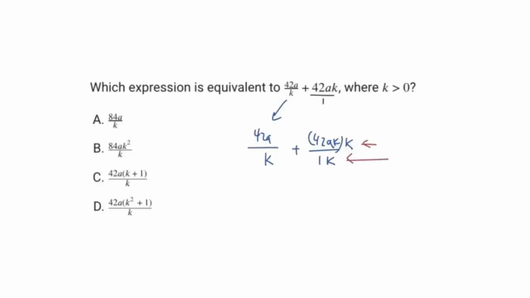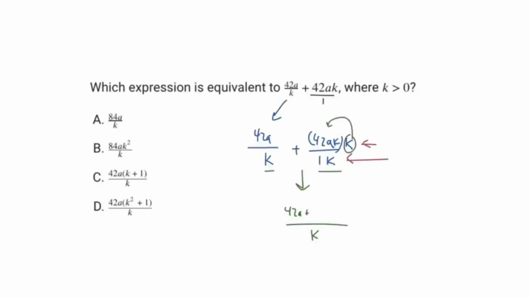It's the equivalent expression or form, but we just want a common denominator here because now that we have the same denominator, we can combine the numerators. We get 42a plus whatever over k. And so now we can see that k is going to be applied to this value. Now, be careful here, it's not distributive property.